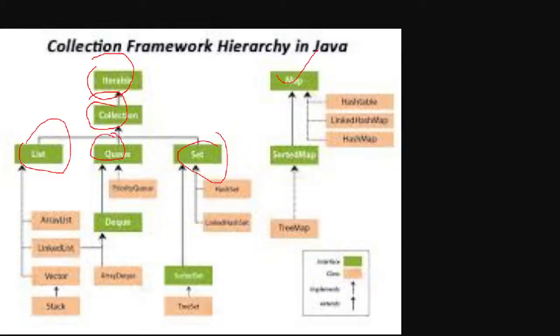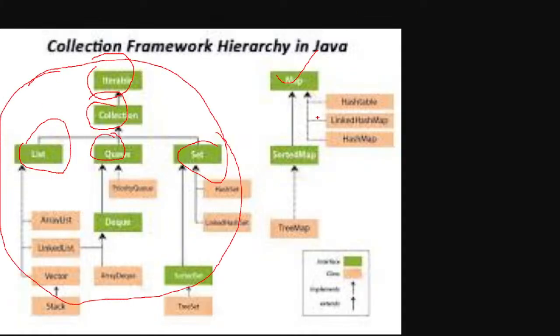But there is a Map, right? There is no connection between the collection interface and Map. This hierarchy is different, and this hierarchy is different. The methods are also different, but these two belong to the collection framework.